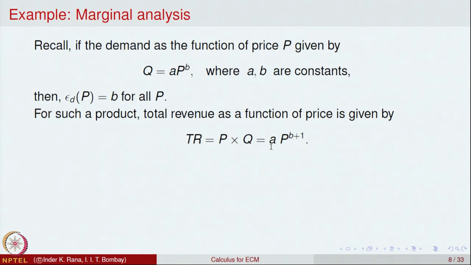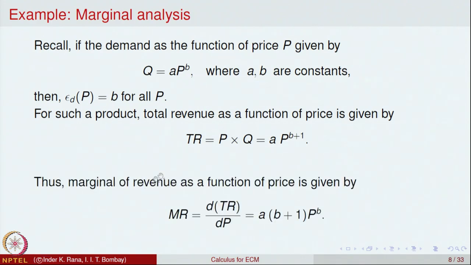So, it is A into P, and the definition of Q is A into P raised to power B. So, we put that, and this is A into P raised to power B plus 1. That is the total revenue. Thus the marginal of total revenue will be the derivative, right. That was the definition of the marginal of a function, namely the derivative of the function at that point.